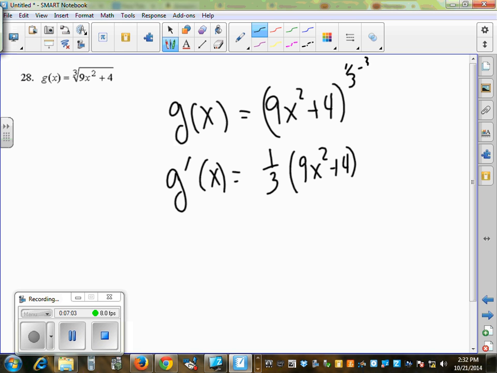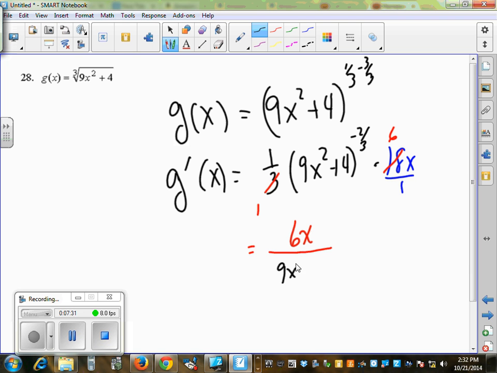And of course we decrease this by 1, which makes that negative 2/3, times the derivative of the chocolate, which is 18x. Now we can simplify. This 3 cancels the 18 6 times. So that's 6x. And then we can move this to the bottom.